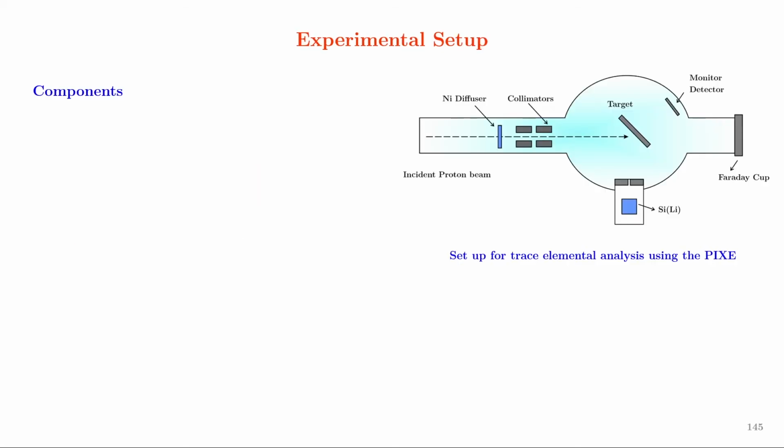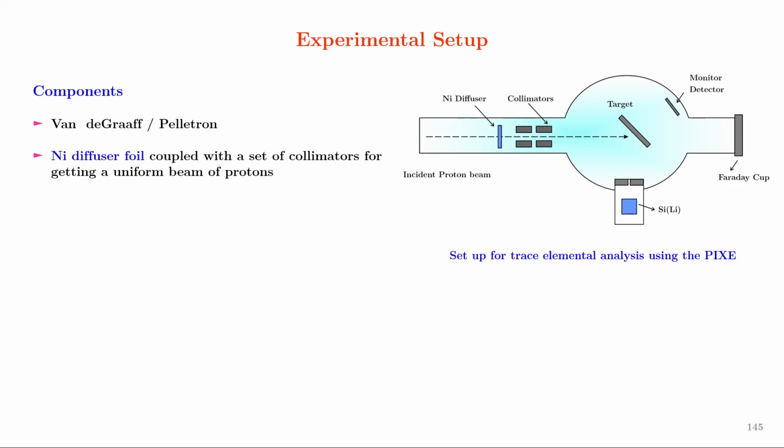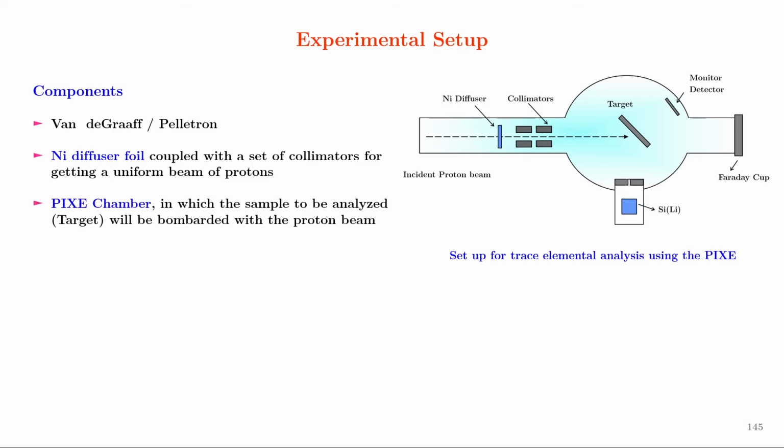The components that constitute an experimental setup for elemental analysis using PIXE include a Van de Graaff generator or a pelletron, a nickel diffuser foil coupled with a set of collimators for getting a uniform beam of protons, a PIXE chamber in which the sample to be analyzed, or the target, will be bombarded with a proton beam, and this chamber will be evacuated to a high degree of vacuum, approximately 10 raised to minus 6 torr.